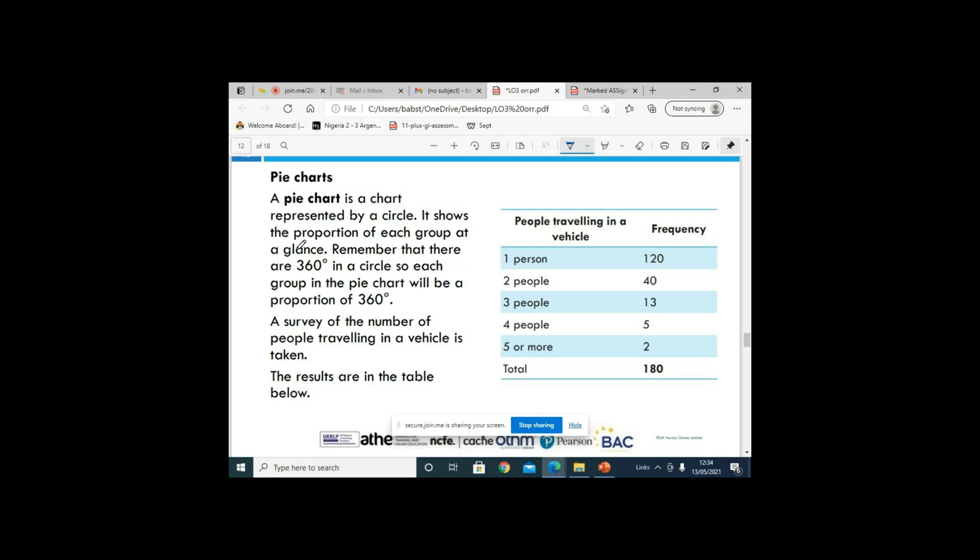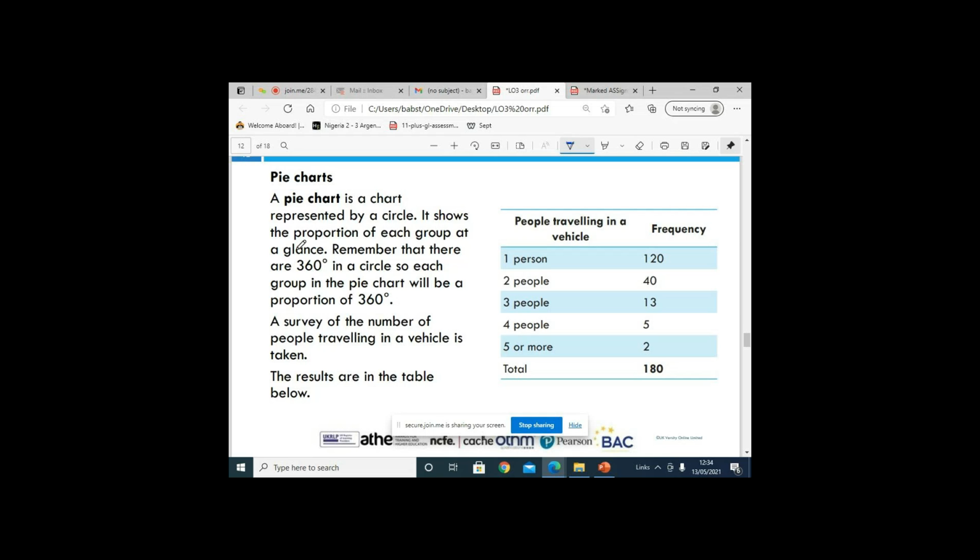Don't forget this. So those 360, you have to share into proportions based on the data available. So each group in a pie chart will be a proportion of 360.